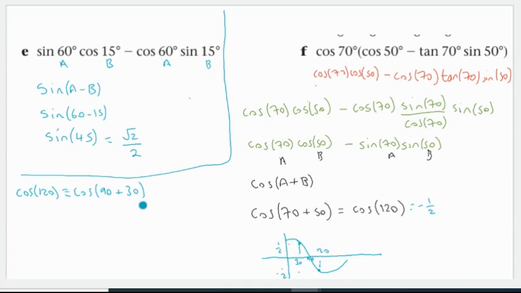Then we can use the expansion, cos A cos B minus sine A sine B. So this is the same thing as cos 90 cos 30 minus sine 90 sine 30. Cos of 90, well, that's just 0. So that all becomes 0. Minus sine 90 is 1. Sine 30 is a half. And this all simplifies to minus a half. So 2 ways of getting that result.